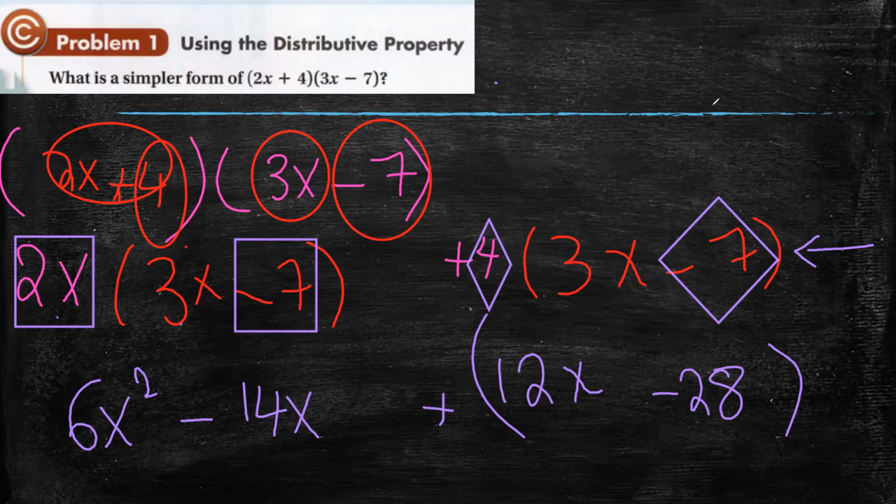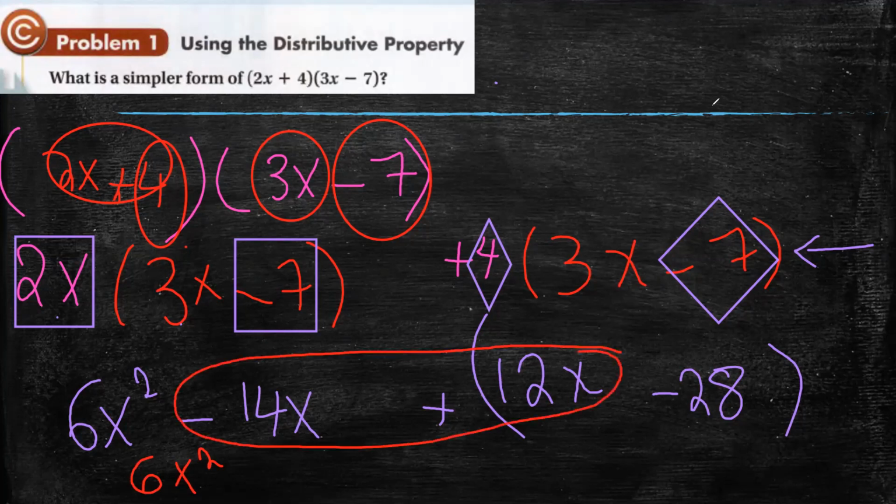Then, what is the simplest form? 6x squared, then minus 14x plus 12x. Can I add them? Yes, because the exponents are the same, x, so we can add them.